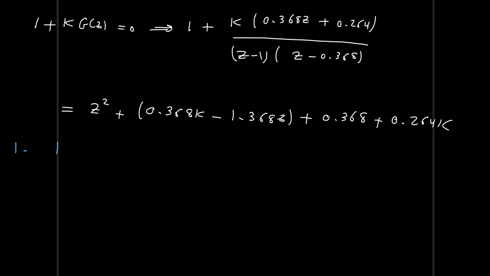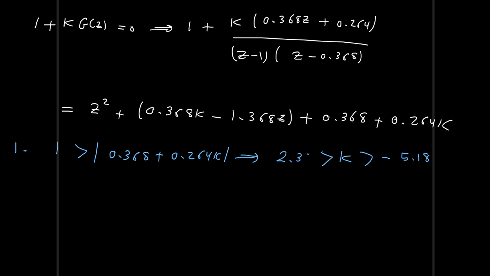So 1 must be greater than the absolute value of 0.368 plus 0.264k. So from here we can say that k must be greater than minus 5.18 and less than 2.39.